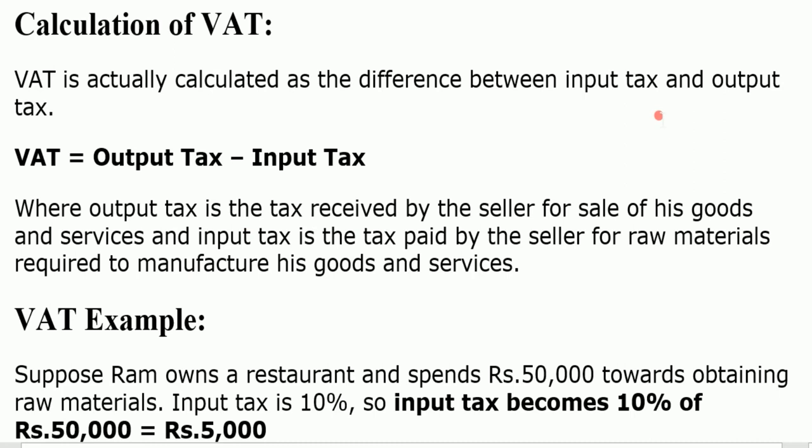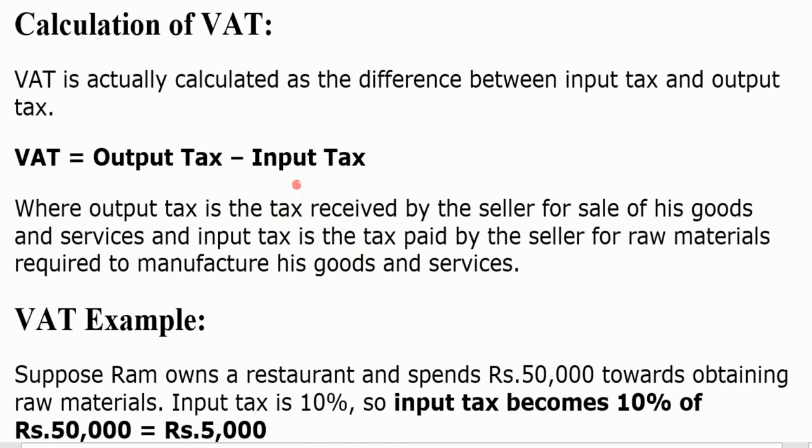Then how will we calculate the VAT? Calculation of VAT: VAT is actually calculated as the difference between input tax, that is input VAT, and output VAT. That is, VAT is equal to output VAT minus input VAT, where output tax is the tax received by the seller for sales of his goods and services, and input tax is the tax paid by the seller for raw material required to manufacture his goods and services.